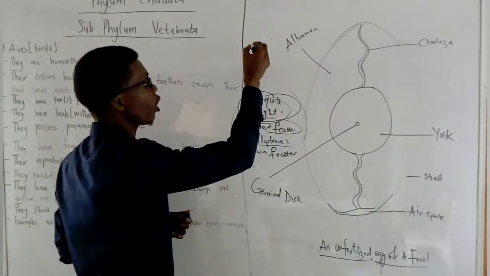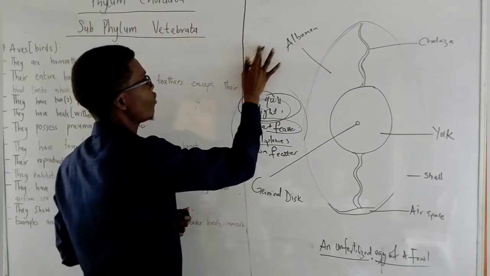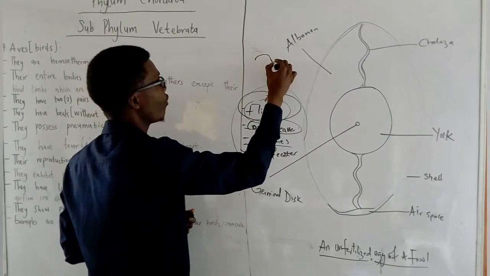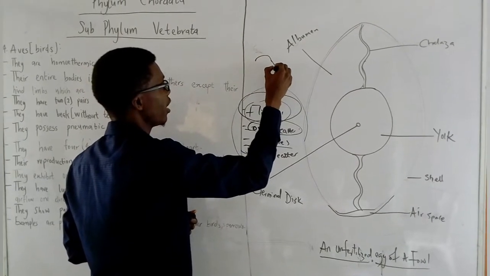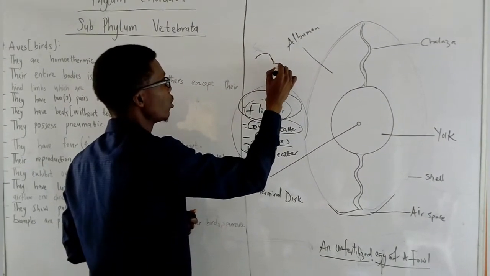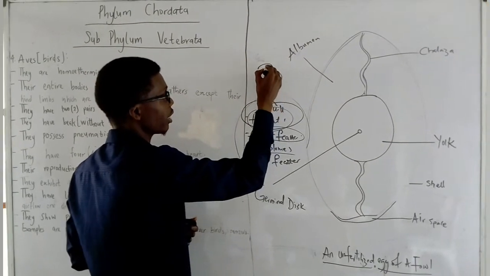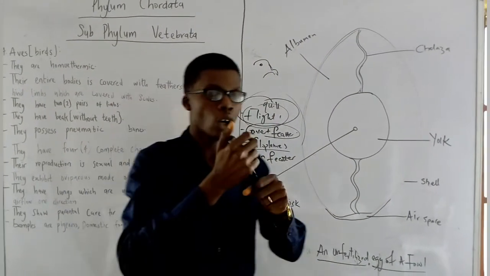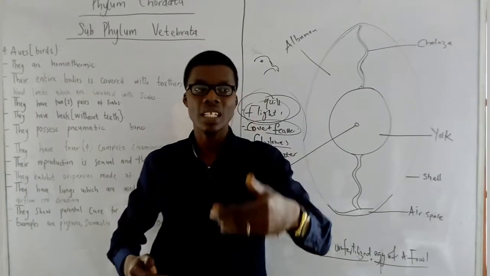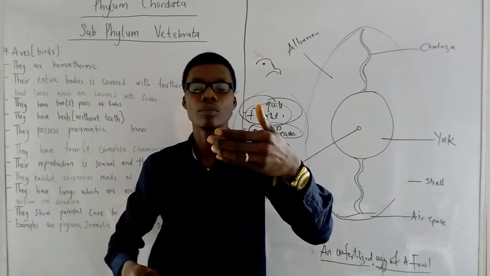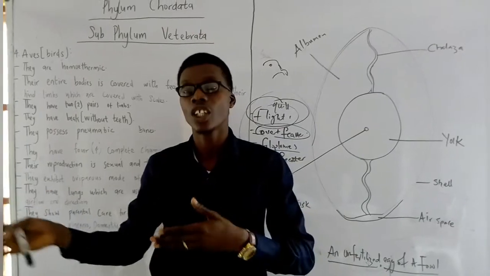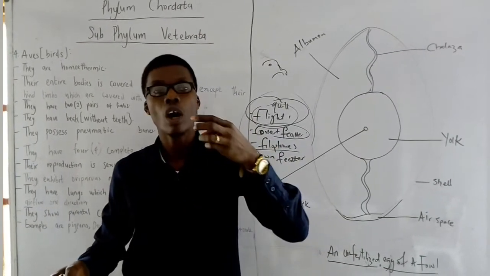For example, the beak of an eagle sometimes looks hooked that way. So most times when you see a hooked beak, that means that bird eats flesh, like the beak of an eagle or hawk.